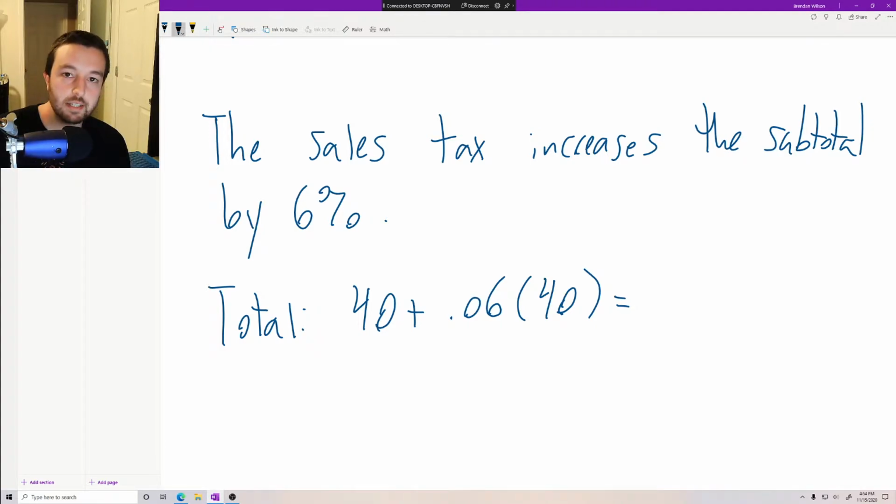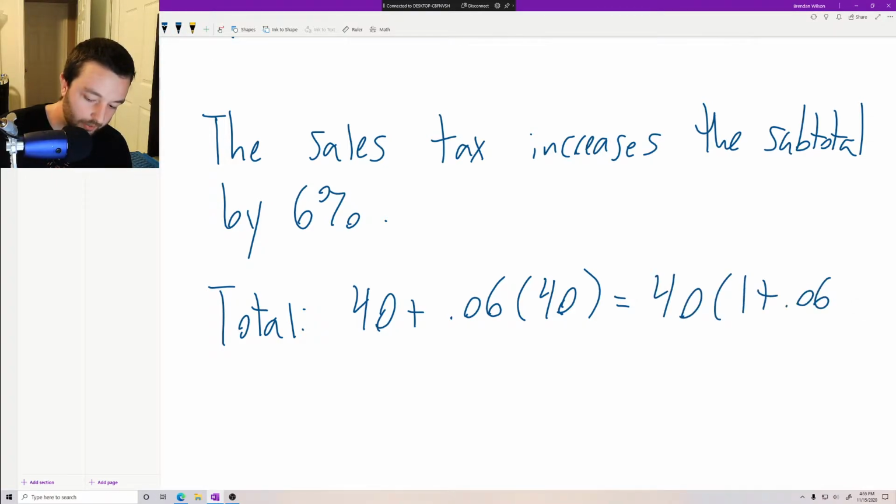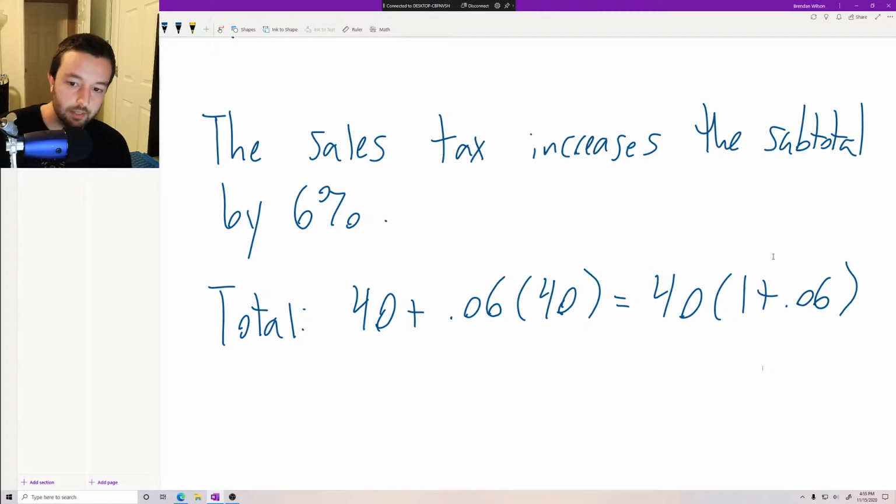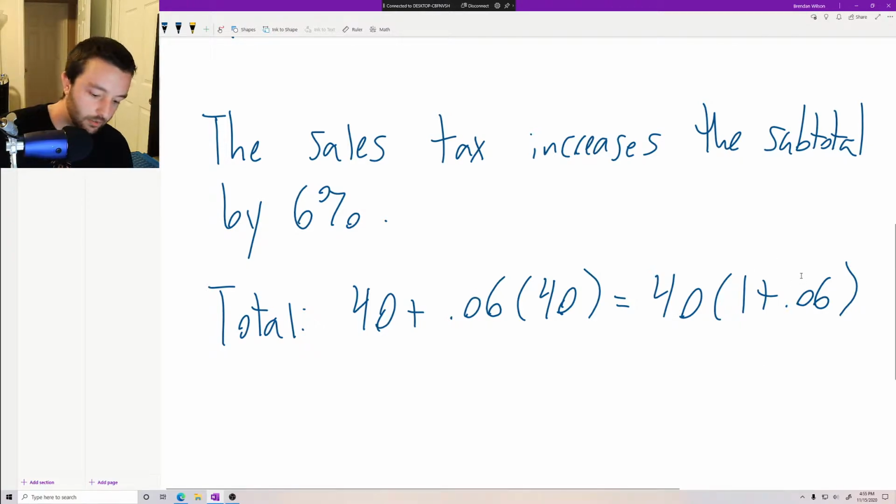But what that shows is that this is the same thing as 40 times 1 plus 0.06. Okay. So the 0.06 here is our rate, our R. We'll use the letter R to represent this. It's our rate or our percent. Okay. So this can give us a quicker way to do this.